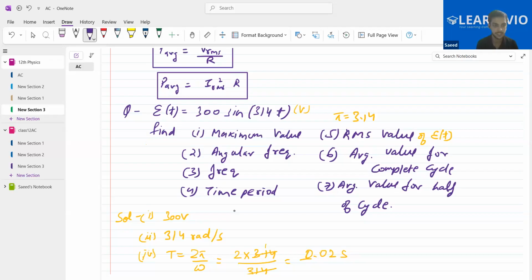Sir, is it possible that after this chapter we could do chapter 3 and chapter 4 instead of continuing with the chapter that is AC? Yes, we can definitely do that. But if we do that, we will require more time for the completion of the syllabus.